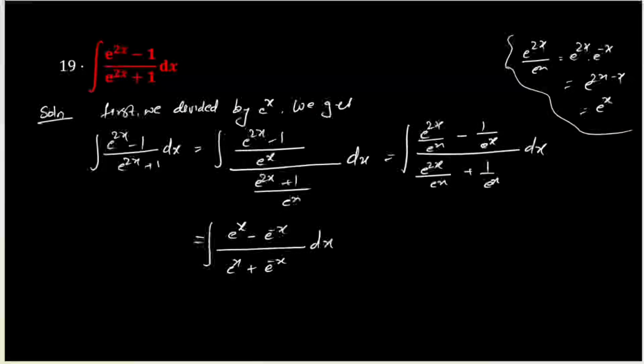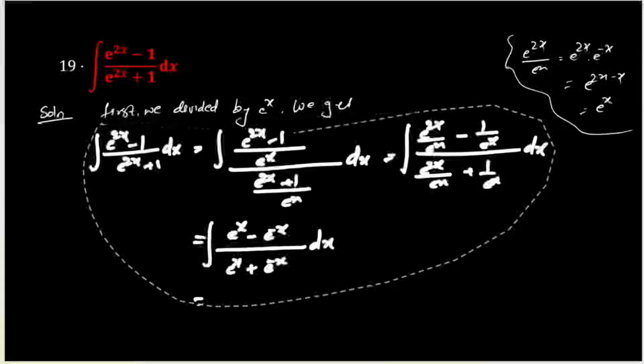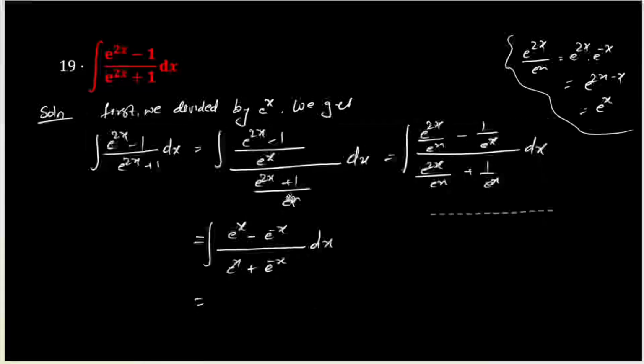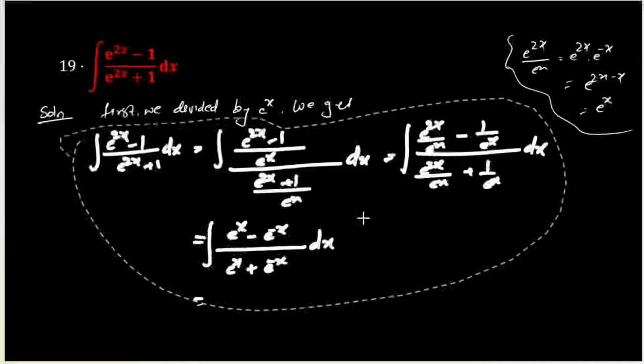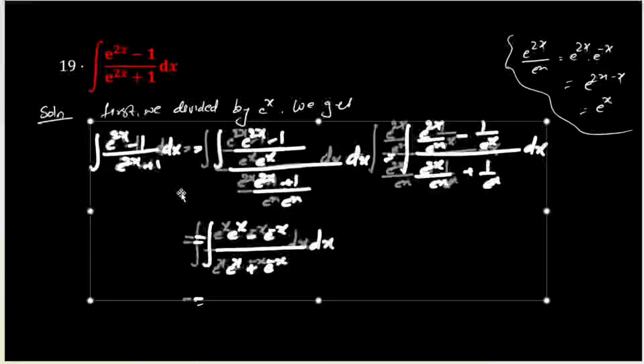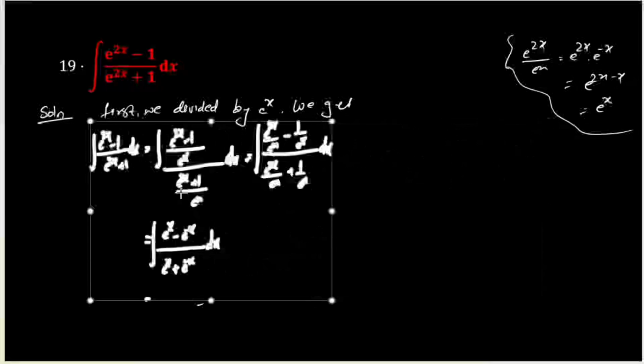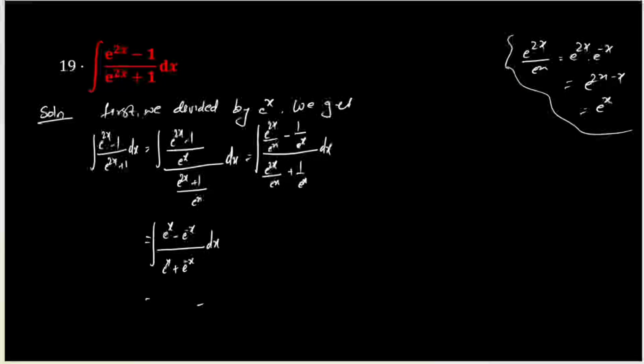Here we use some rule to get the required form, and then we substitute. Put e^x + e^(-x) = t and differentiate with respect to x.